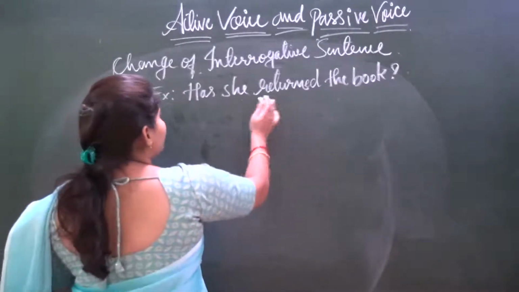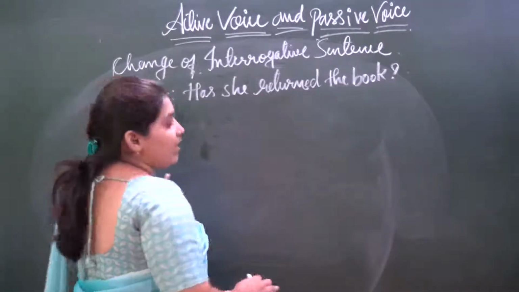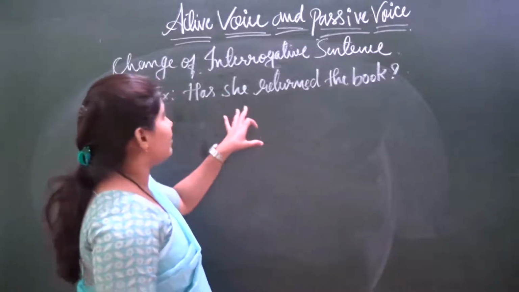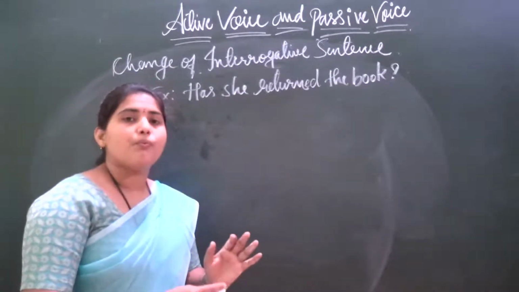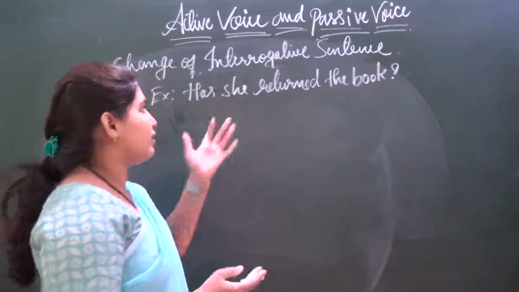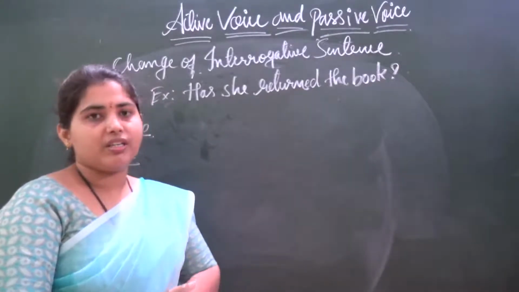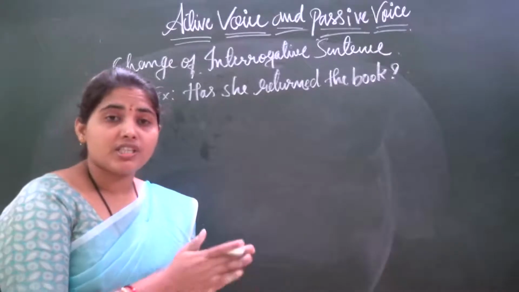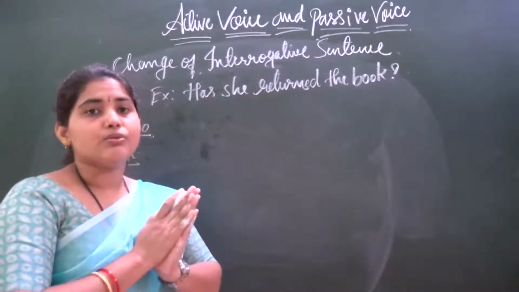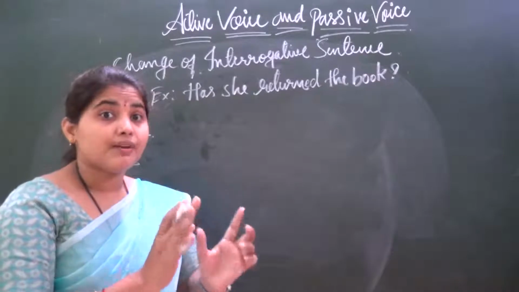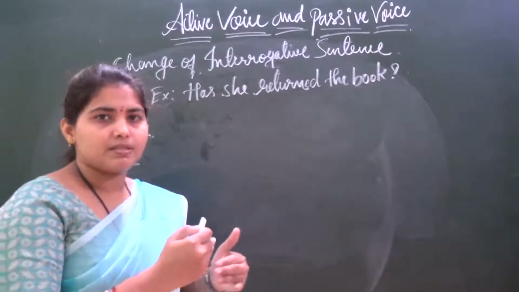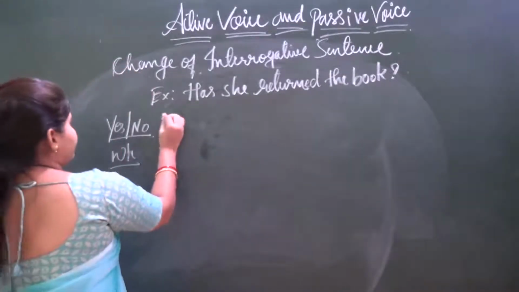Not "the book she returned" or "has the book has returned by her." While you are transforming interrogative sentences, the question remains a question only. You should not change it into an assertive sentence. But you have to follow some steps. Step 1.